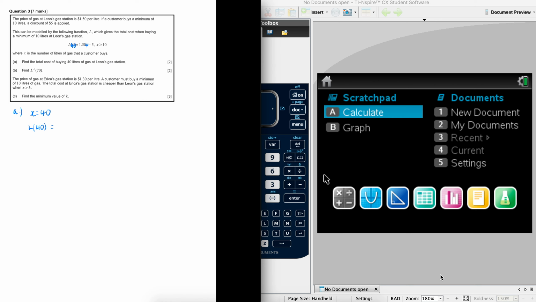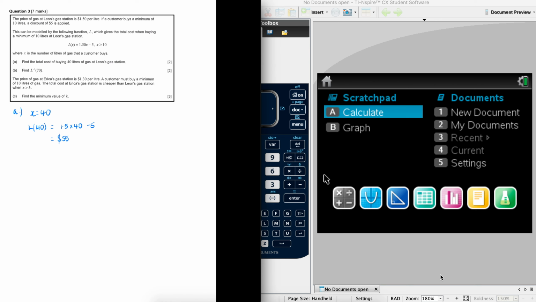So that's 1.5 times 40, and then minus the 5 at the end. If I type that in, or you can do it in your head, you would get $55.